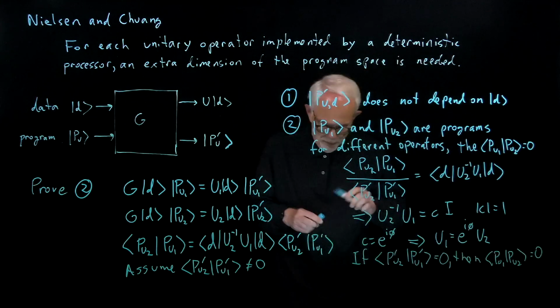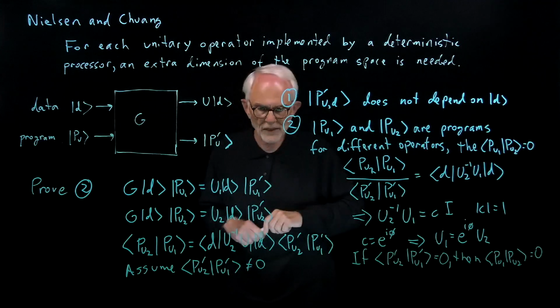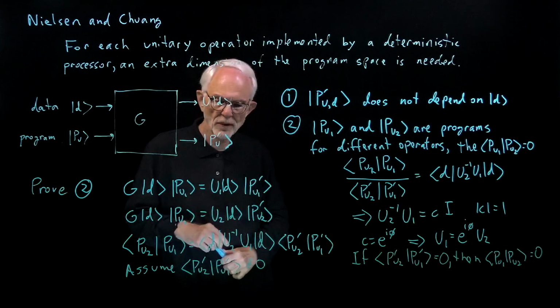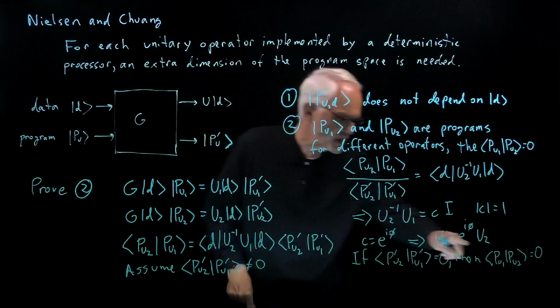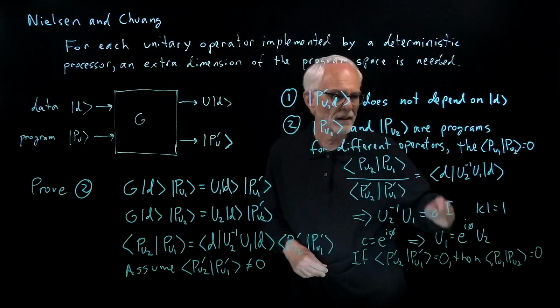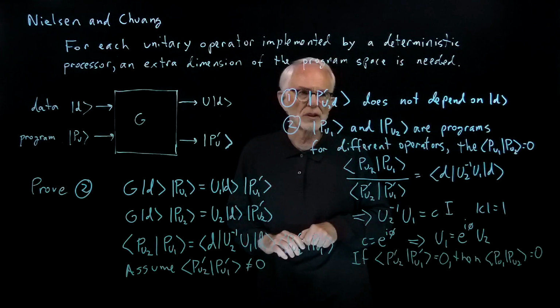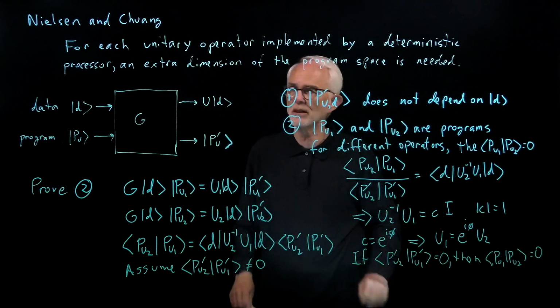And that proves what we want: the only way the operators can be different is if this is true. So that means that they have to be orthogonal to each other. Okay, and that proves the Nielsen and Chuang theorem.